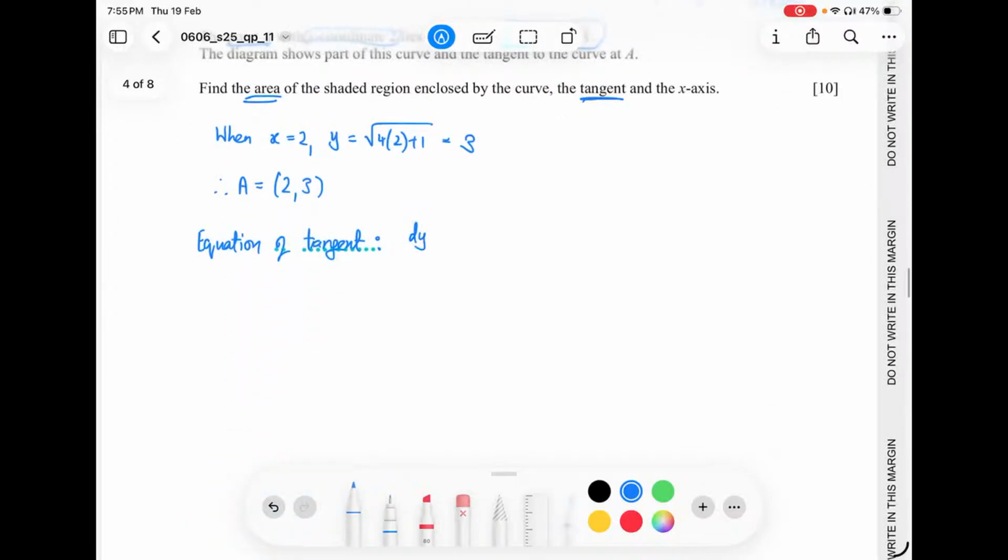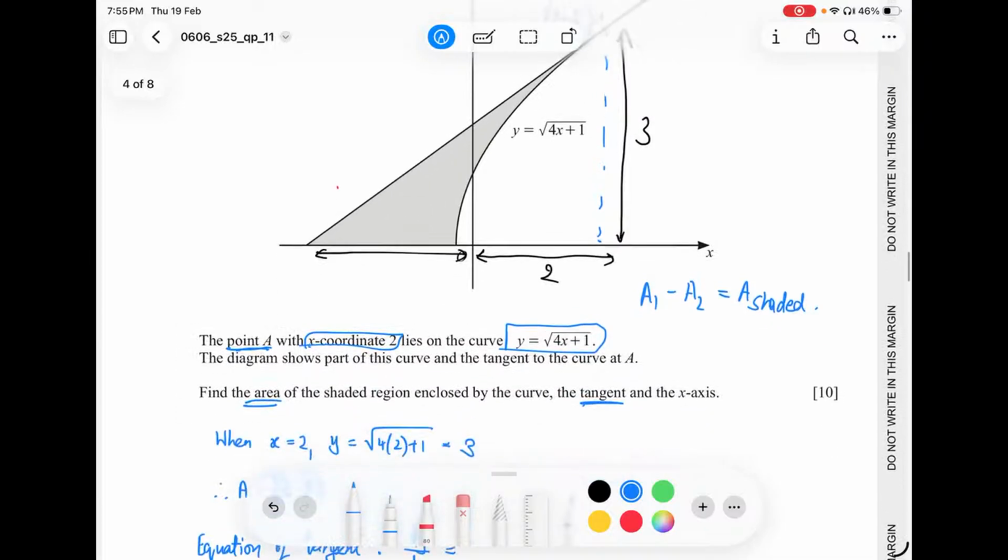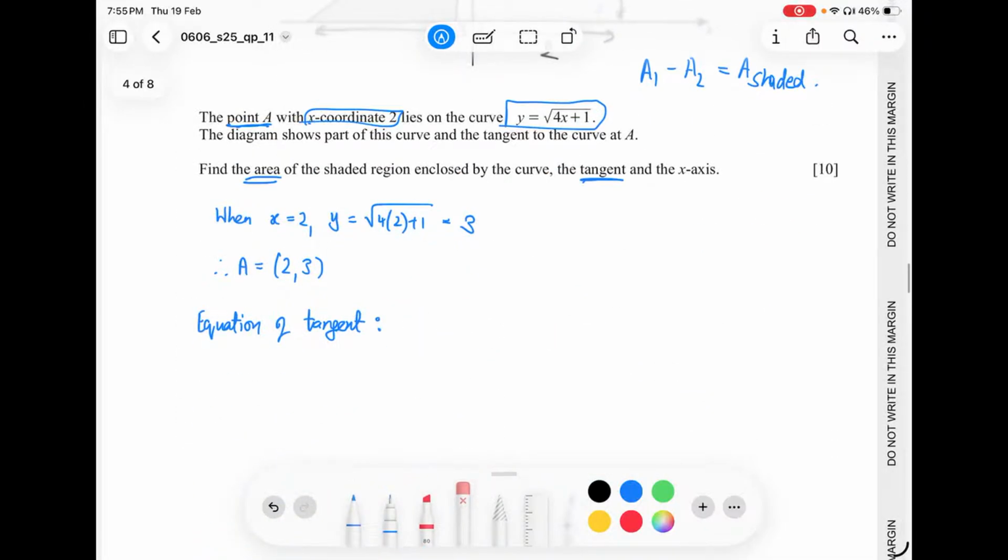So what you do is dy over dx. Let's first write what y is. y is equal to root of 4x plus 1, which you can write as (4x plus 1) to the power of half.